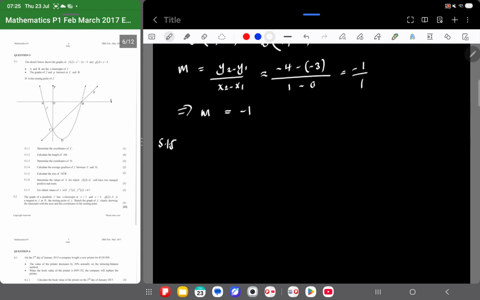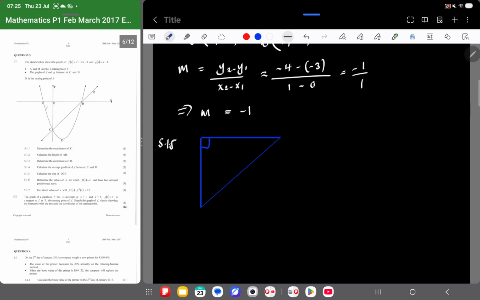5.1.5. Calculate the size of angle OCB. Okay, we have a right-angled triangle there. Let me do that again.